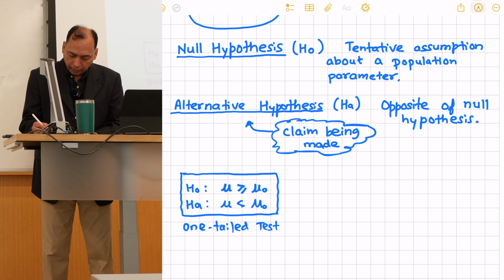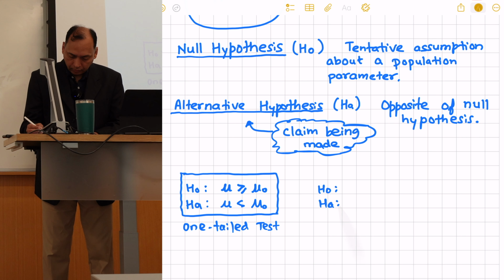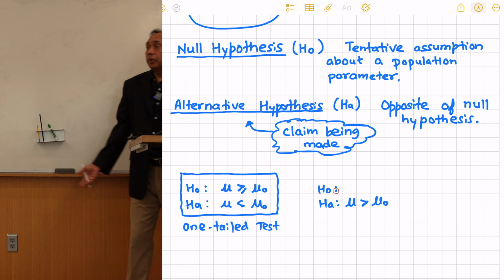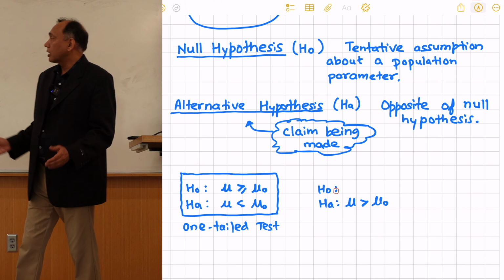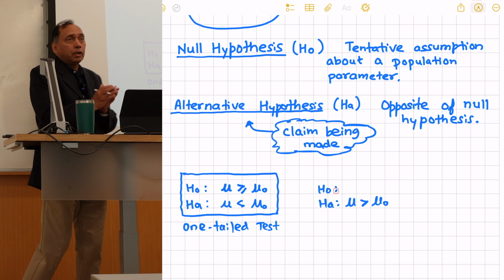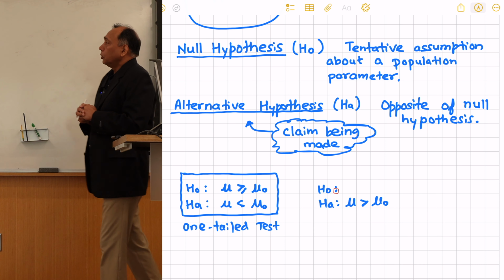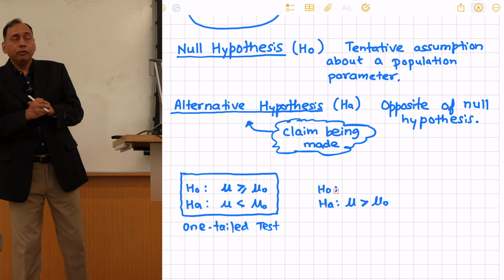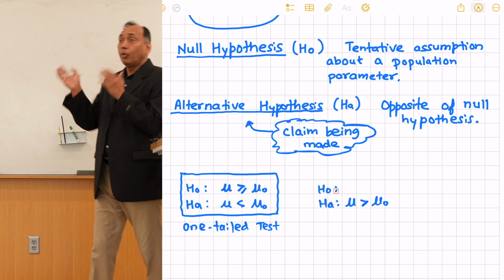The second situation could be you have H0, HA, where mu is more than some mu 0. So that could be a claim. Tesla may claim that all the vehicles they build for a particular model on a full charge will give 360 miles or more.